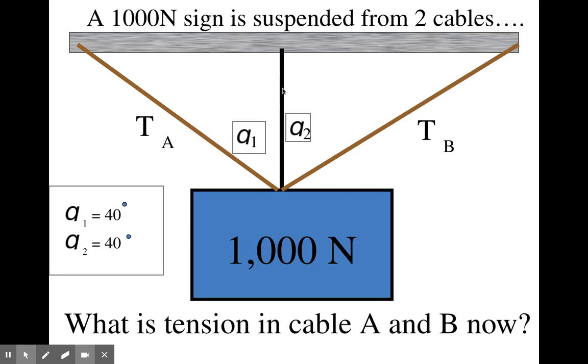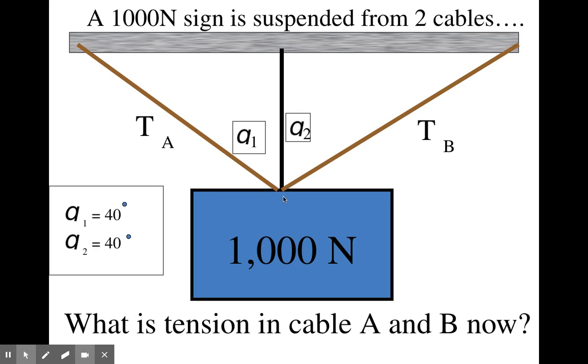If this cable's not really there, this black cable's not really there. We're really talking about these brown cables right here. I just put it there as reference. If this black cable was just there and the brown ones weren't there, how much tension would be on this black cable? The answer is 1,000 newtons. If there was one cable, it would counteract.